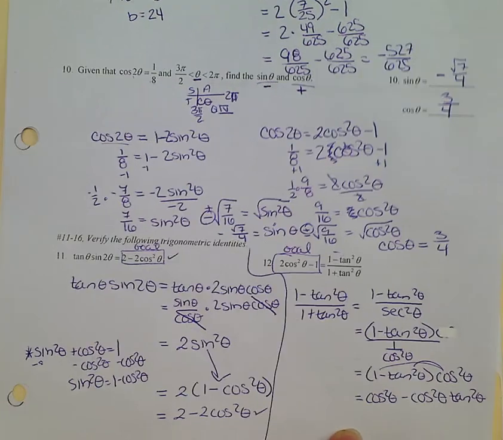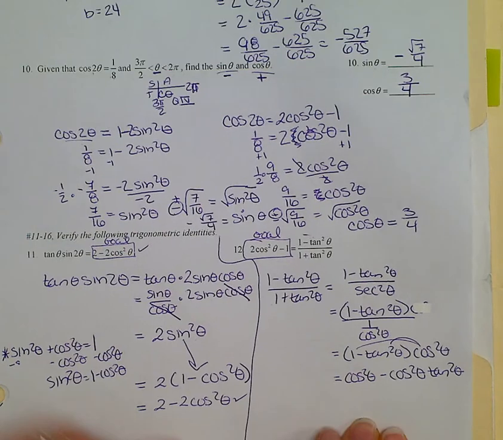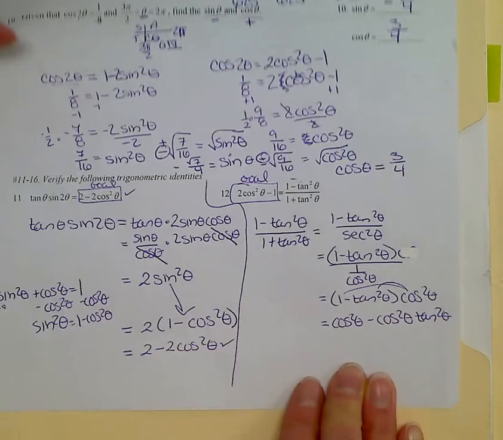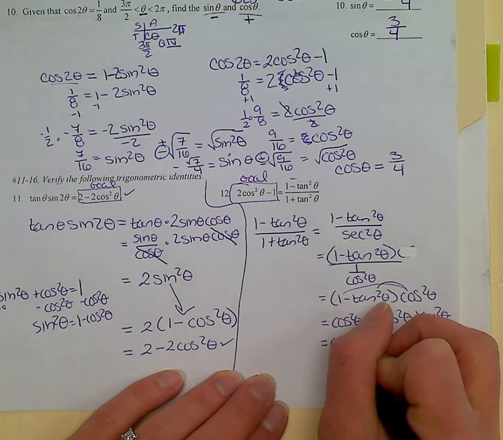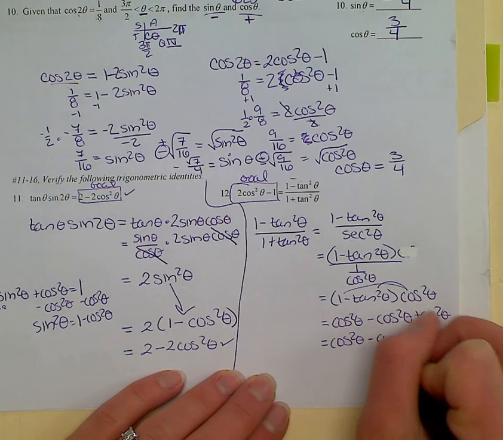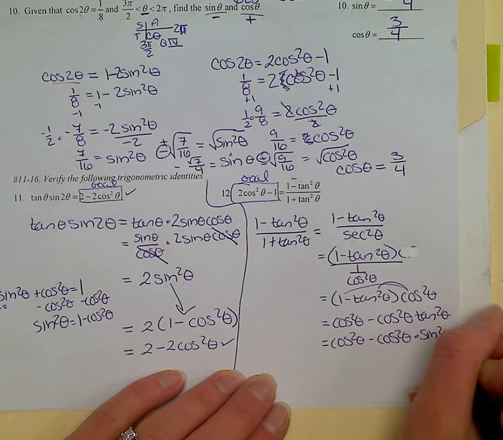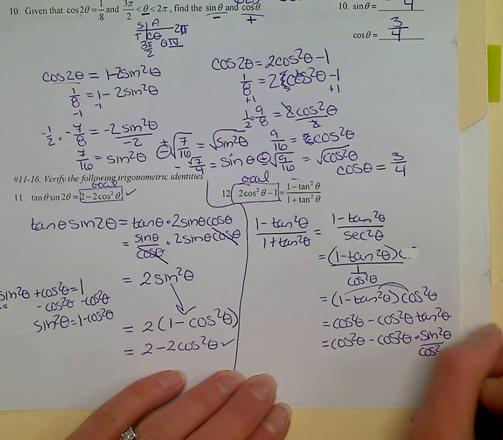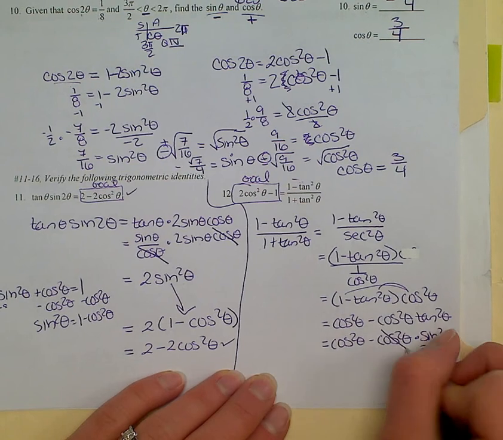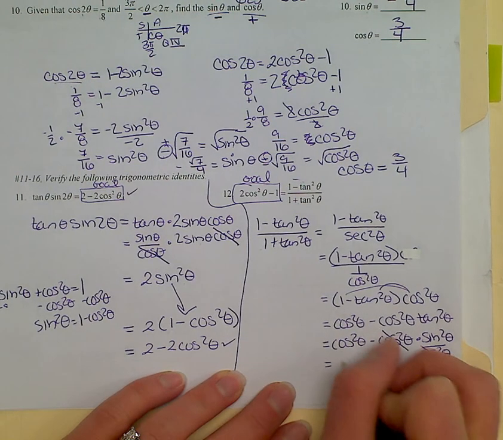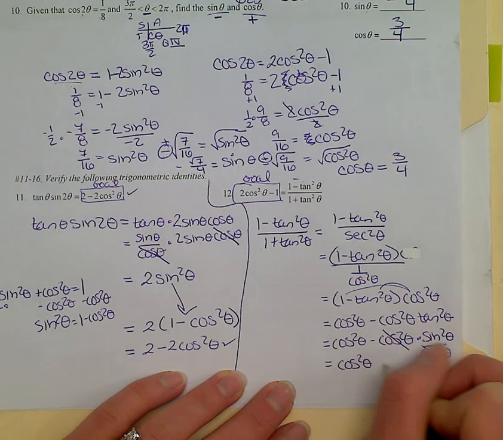Okay, then when we do that, it looks like we're going to have to convert our tangent into the sine squared over the cosine squared. These cancel, and I have the cosine squared minus the sine squared.